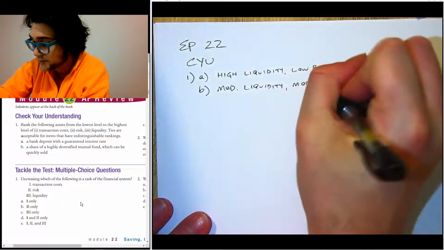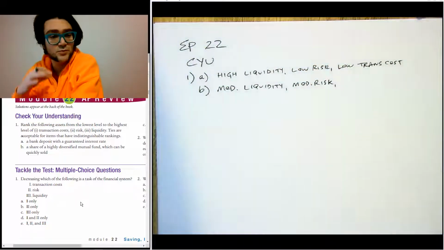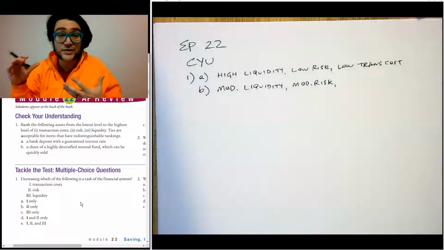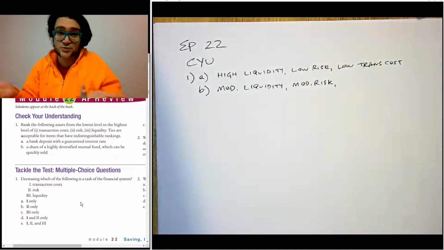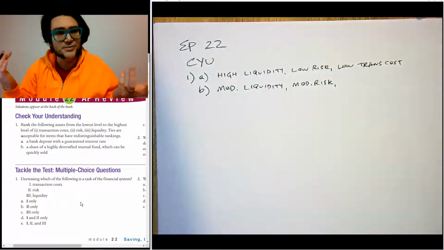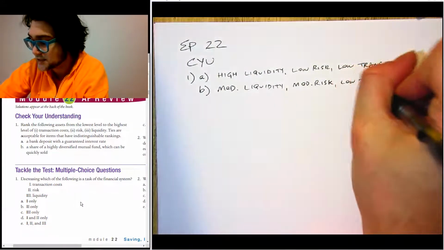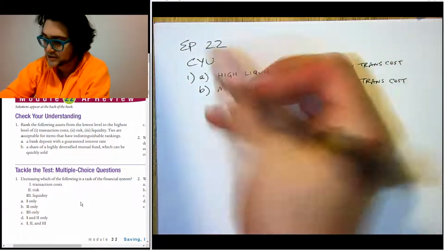Moderate risk, because the value of your money could go up and down quite a bit, depending on what that is. Now, highly diversified means that it's spread out among a lot of different things, so the risk isn't really high. There are mutual funds that invest in much more risky investment tools, so your mileage may vary there. And then I would say low transaction cost, in the sense that it's not going to be a pain to do the transactions.